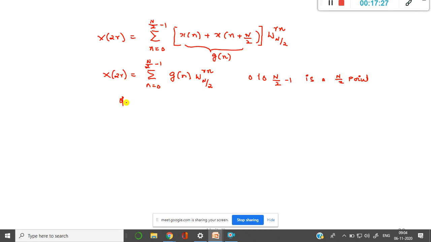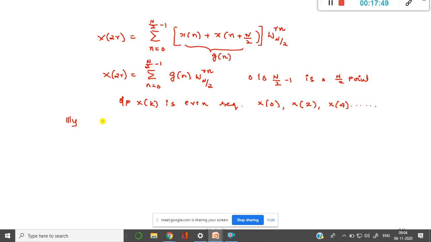So the output x of k will be in terms of even sequences. Here I am going to get x of 0, x of 2, x of 4 as output, right?